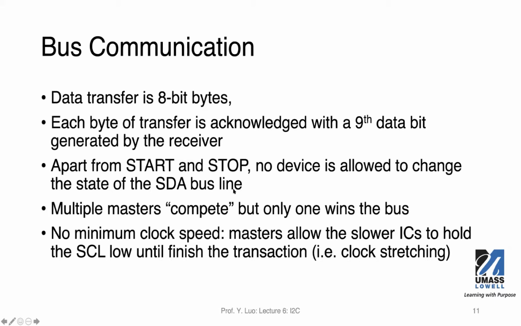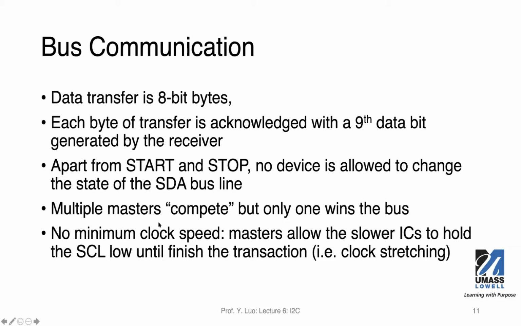And apart from the start and stop, no device is allowed to change the state of the SDA line while the clock signal is high. Because the clock signal is high, that's where we expect to have a valid data bit on the SDA line.